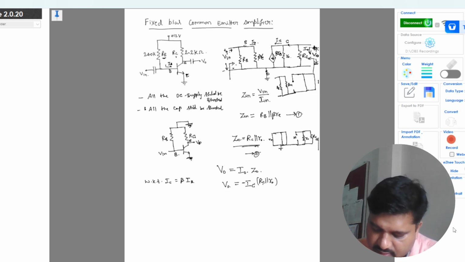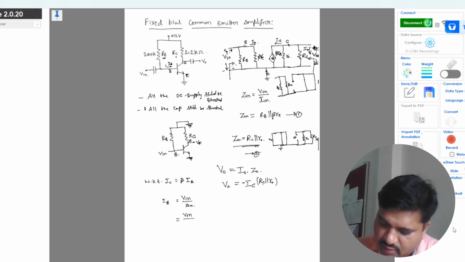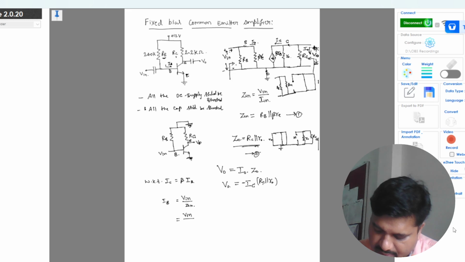IB is nothing but the input voltage divided by the input impedance Zin. So I can write this as Vin, and the Zin we got is RB parallel to beta RE. This is my IB.